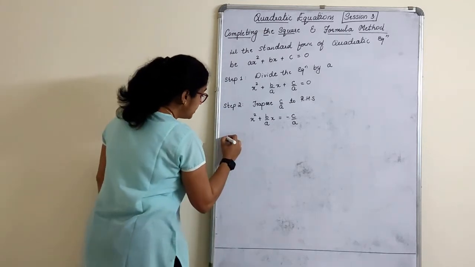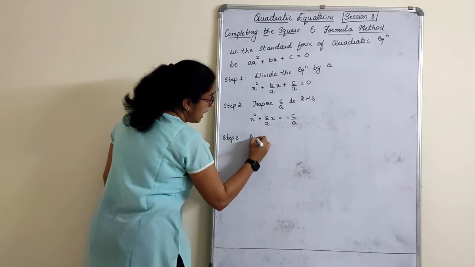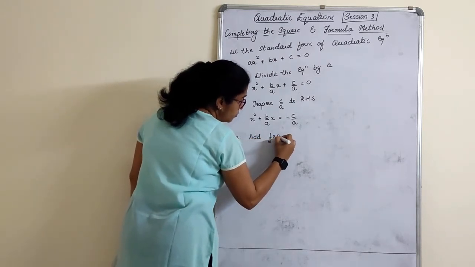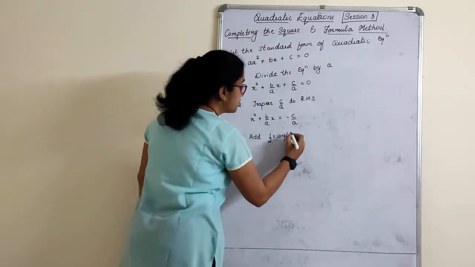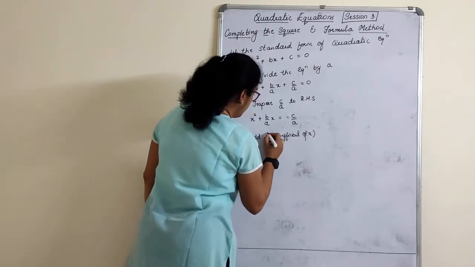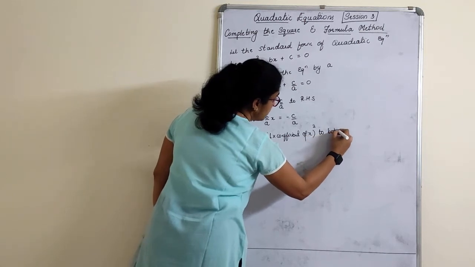Step 3: add half into the coefficient of x, whole square, to both sides.